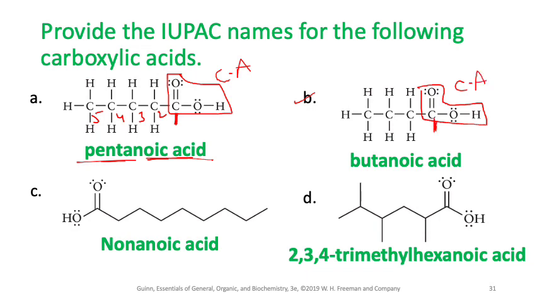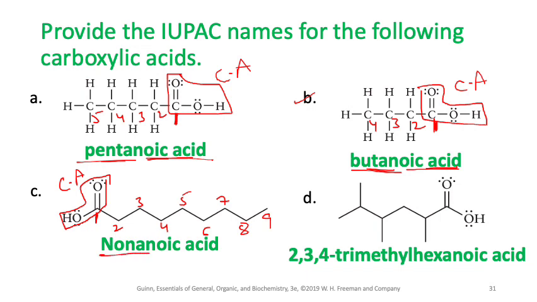We have to include the carbon of the carboxylic acid. 1, 2, 3, 4. 4 is butane, butanoic acid. Let's do this one. The time I see C double bond O, OH, carboxylic acid, 1, 2, 3, 4, 5, 6, 7, 8, 9. 9 is nonanoic acid.